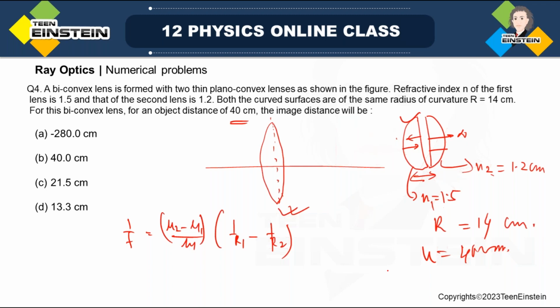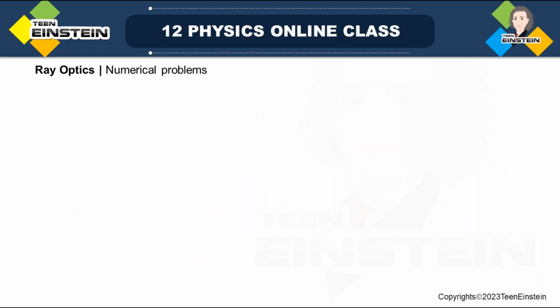Okay, so here, if I just go with this single figure and write this formula, this is 1.5 minus 1 divided by 1.0. Anyway, this is the first term.